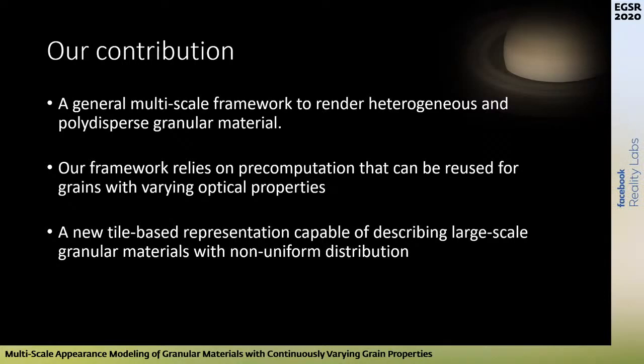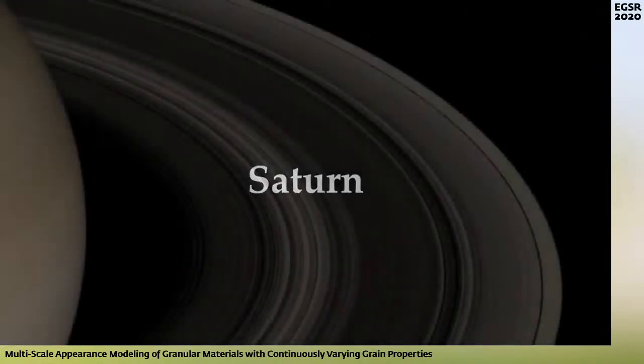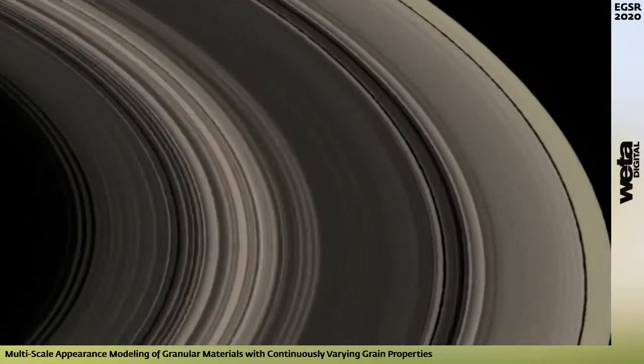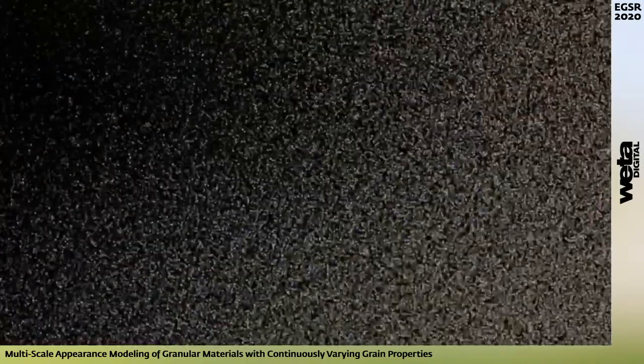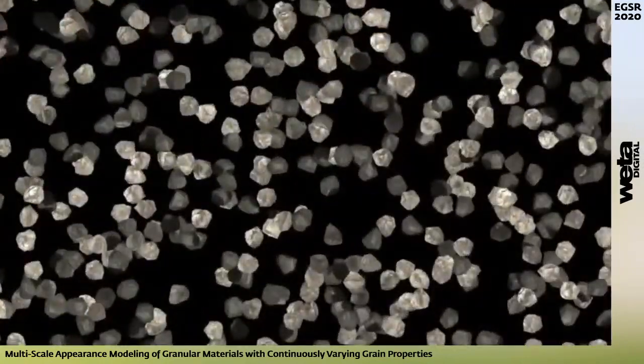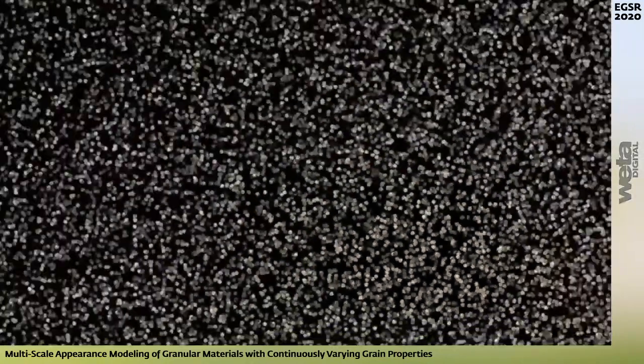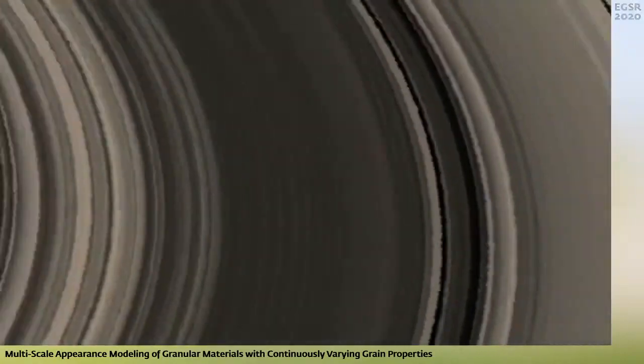Using our method, it is now practical to render scenes containing billions of grains with complex distribution. This animation is rendered using our multi-scale rendering framework and tile-based model. The scene contains 100 billion grains, which cannot be handled using any of the previous techniques.